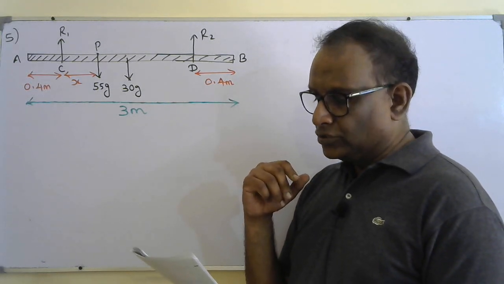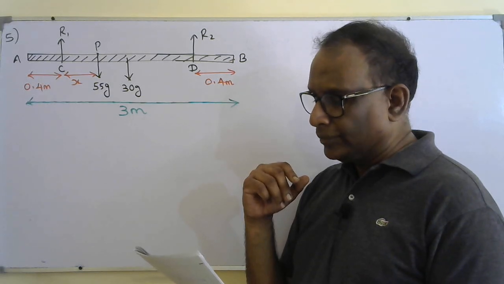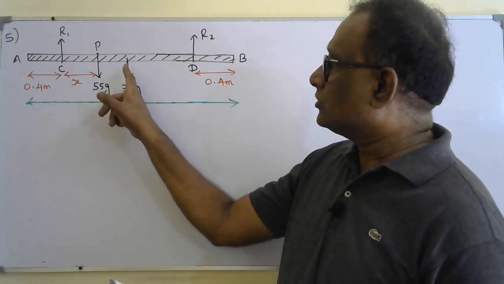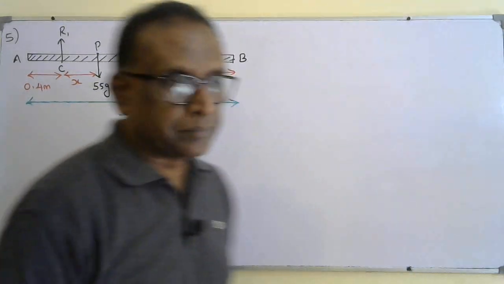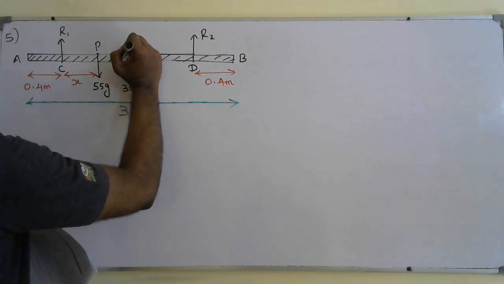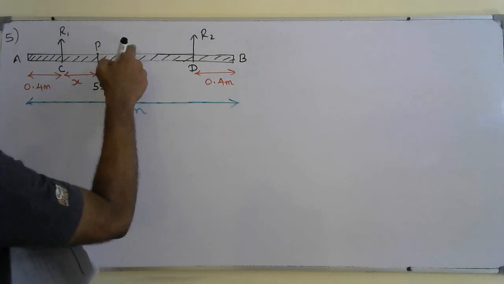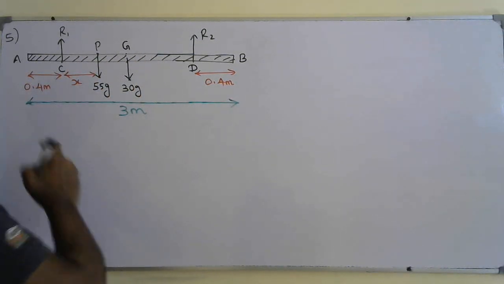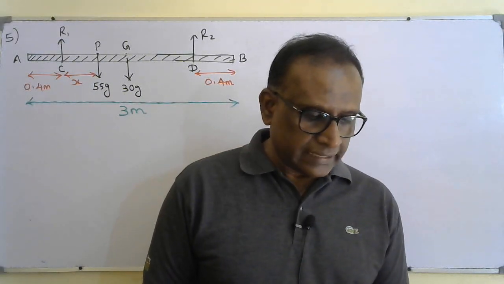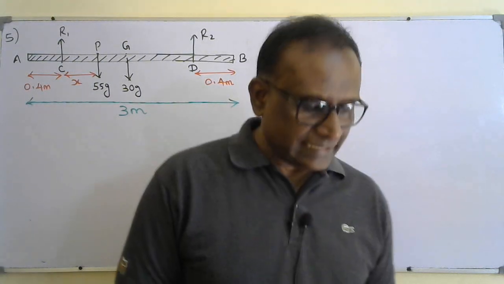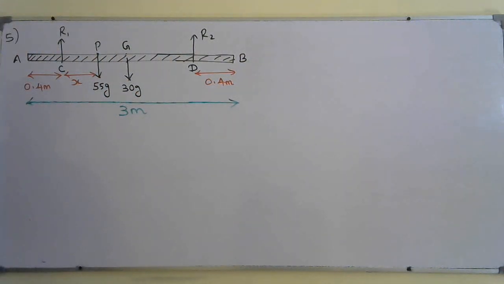The beam is modeled as uniform rod resting in equilibrium. So uniform rod, so the weight will act exactly at the center. Normally the center of mass is denoted by G. So G will act exactly at the center. That means distance of G from A is half of 3, which is 1.5 meters. Okay, show that the magnitude of reaction at C. Magnitude of reaction at C means they ask you to find R1.